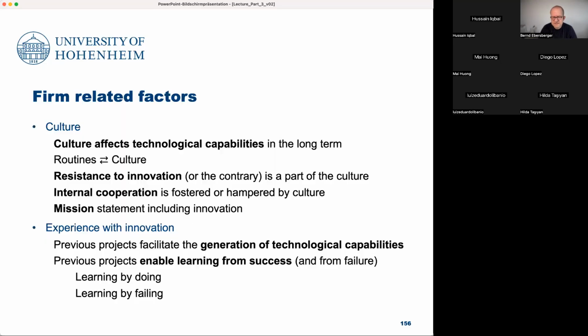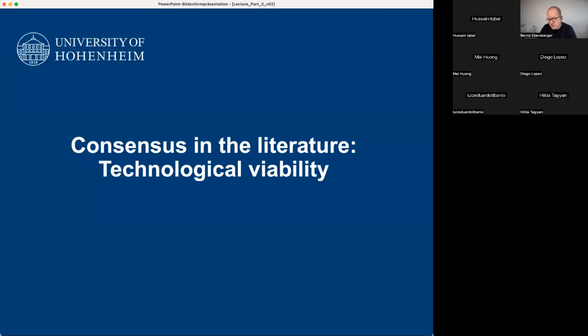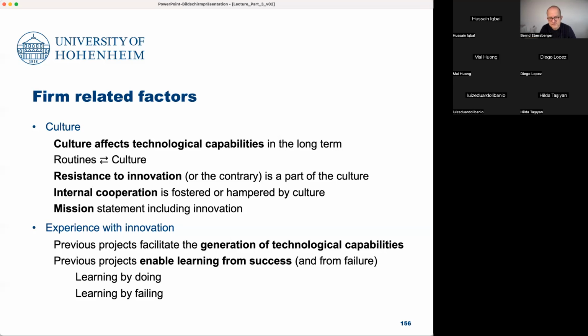Now, the consensus in the literature is the following. Firm-related factors for technological viability: culture is important. Culture affects the capabilities that you have, the technological capabilities that you have. Culture and routines play together, as you may guess from what we have said earlier today.